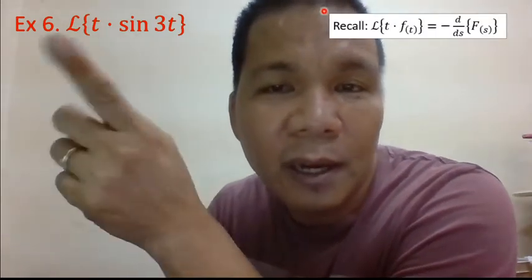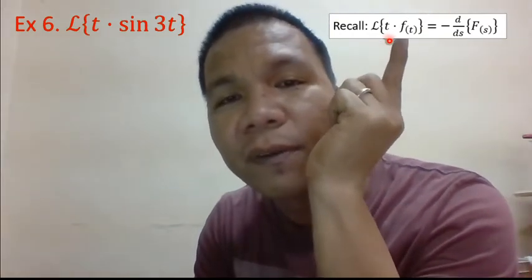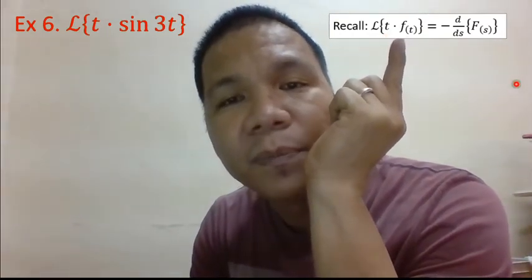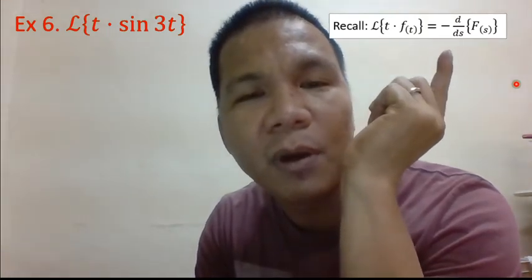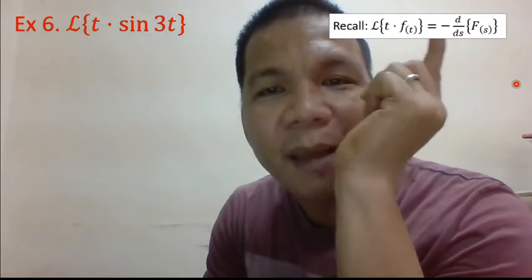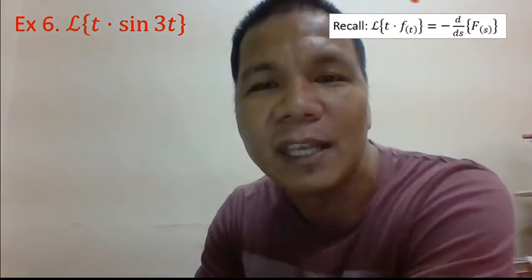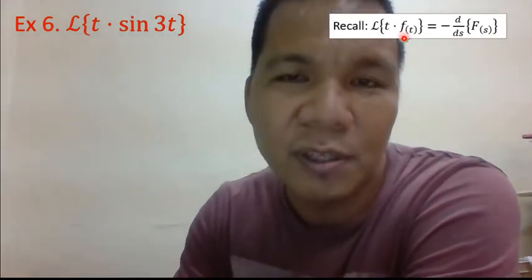And recall the formula: the Laplace transform of t multiplied by the function of t is just the negative of the derivative of F(s). Your F(s) here is the Laplace transform of your function of t.